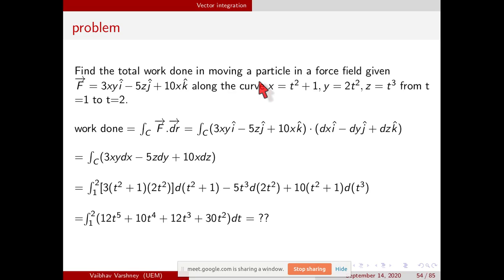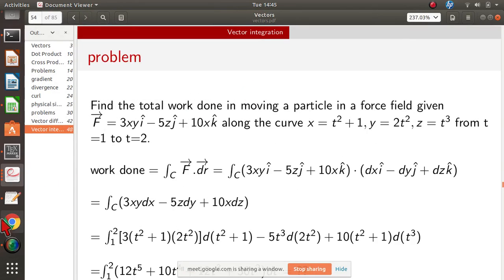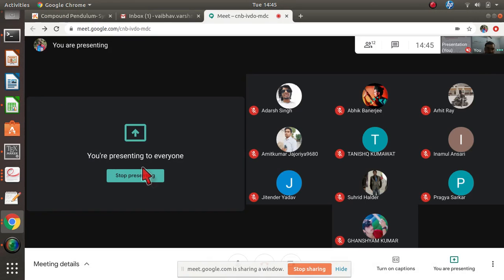Is any other student getting it? Inamul, Pragya, Surhid, Ghanshyam, Amit, Tanishk, Jitendra, are you getting the answer?